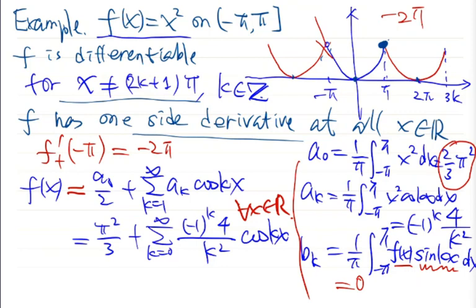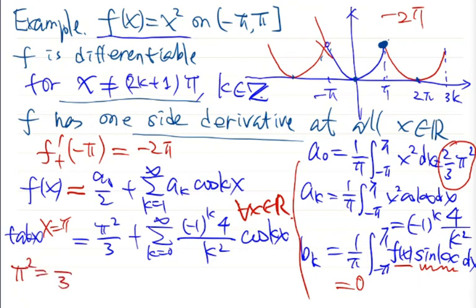So we can take a particular x. We take x to be pi. Then the left hand side is f(pi), and f(pi) is pi squared.